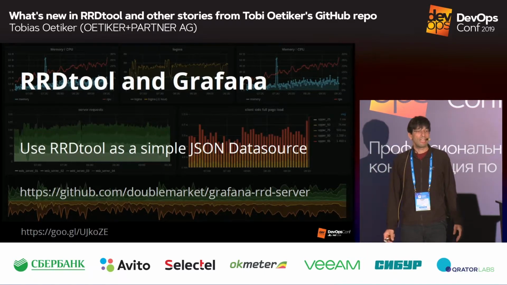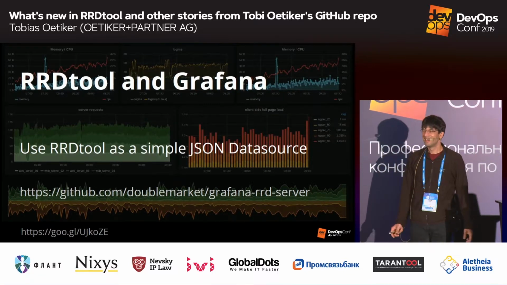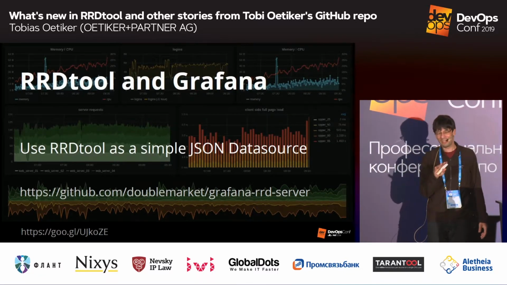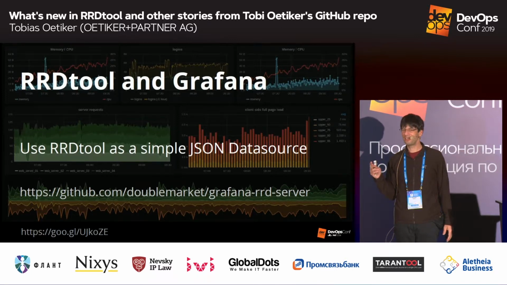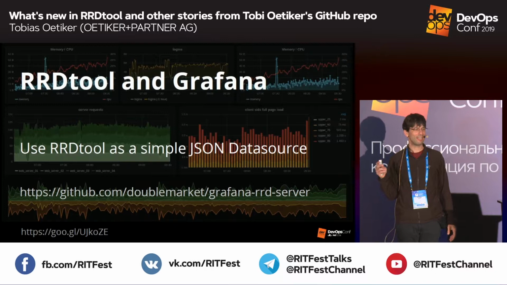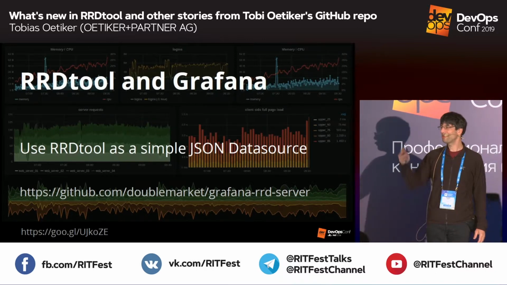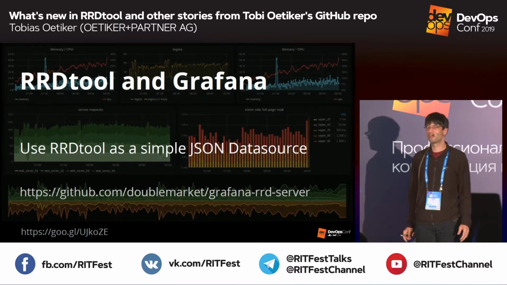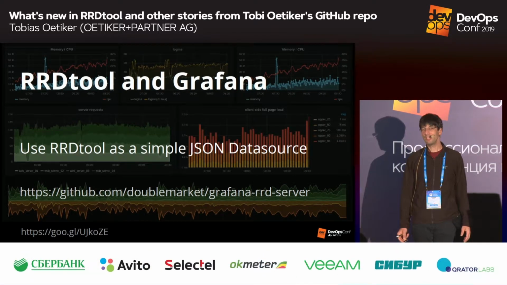Who is using Grafana? Yay! So the story. There is another thing called Graphite. Anyone heard of that? If you go to the website of Graphite and you search for RRDtool, there are some explanations.